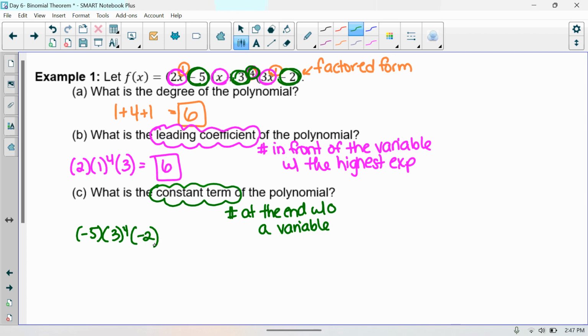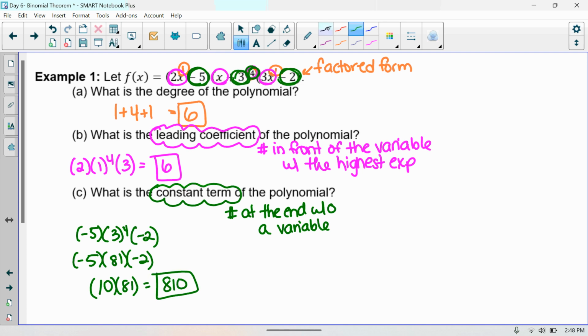And I'm going to evaluate. Exponents have to come first. So 3 to the 4th is 81. Then I have -5. And I have -2. And then remember that multiplication is commutative, so you can do 5 times 2 if you want to get 10 times 81, and you should get 810.